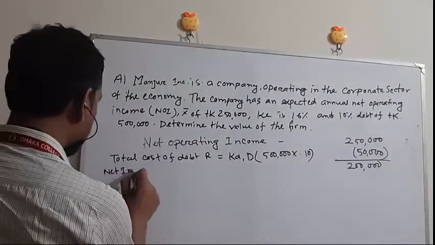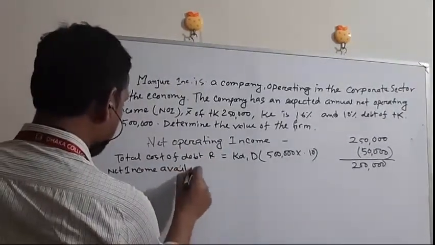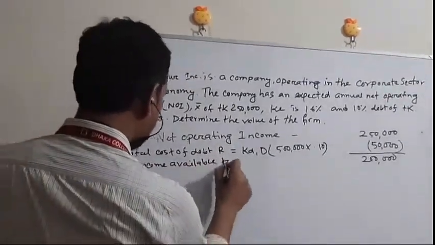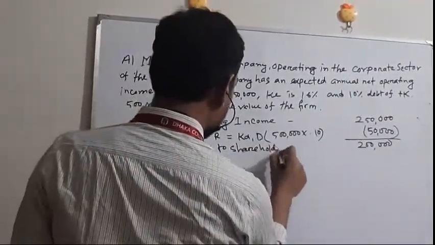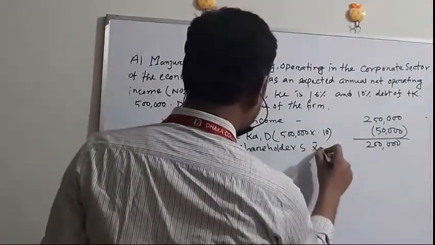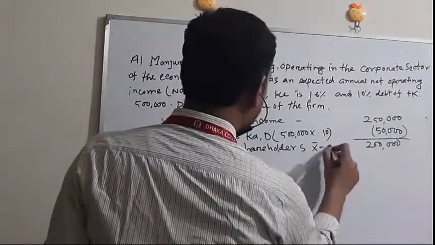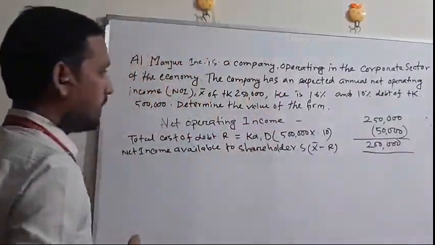Net income available to shareholders is X bar minus R, which is 2 lakh taka.